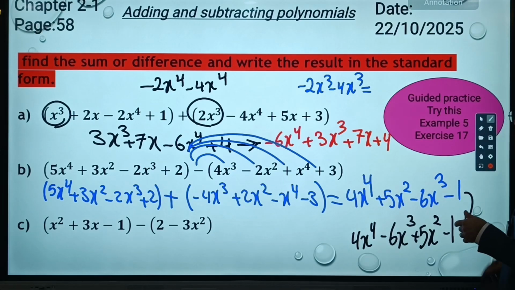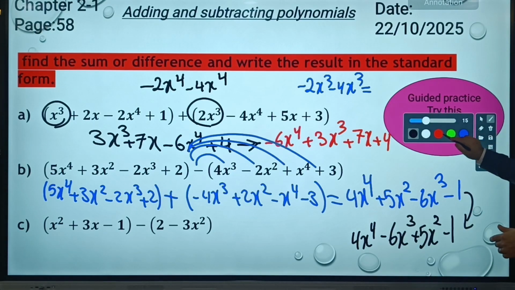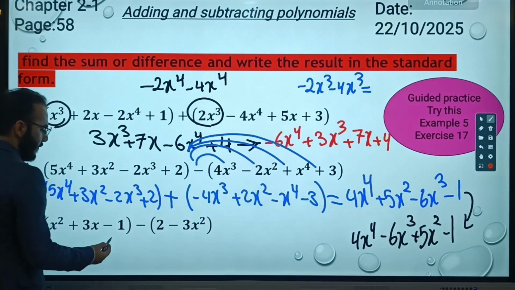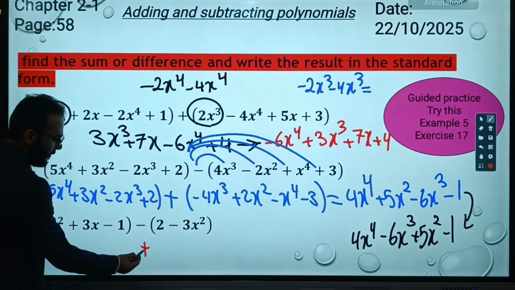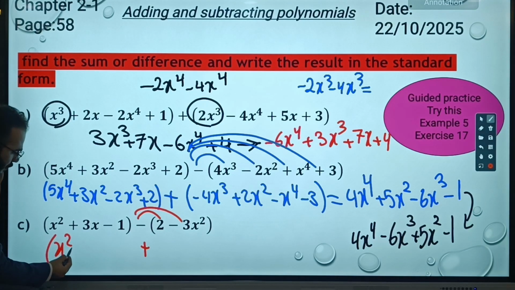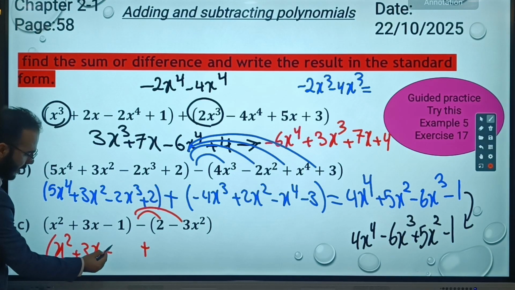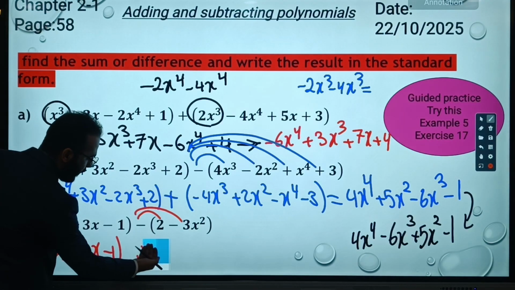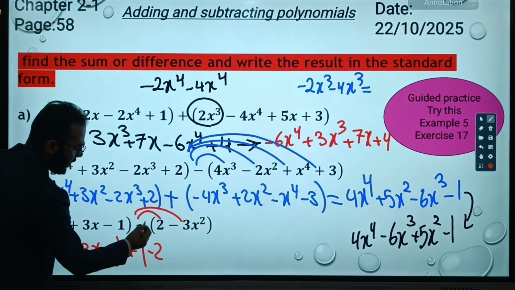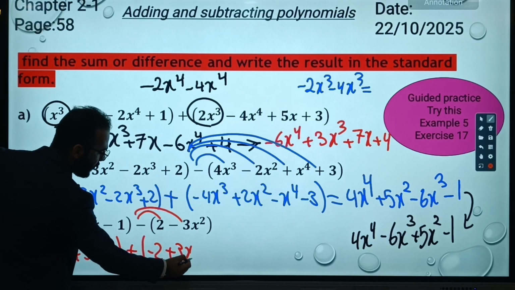Okay, and the last question, it's a short one. So there is a negative, change this negative to positive by multiplying it by each of these two terms. So we write the first one, x squared plus 3x minus 1, all plus negative times negative 3x squared... negative times negative, positive 3x squared.